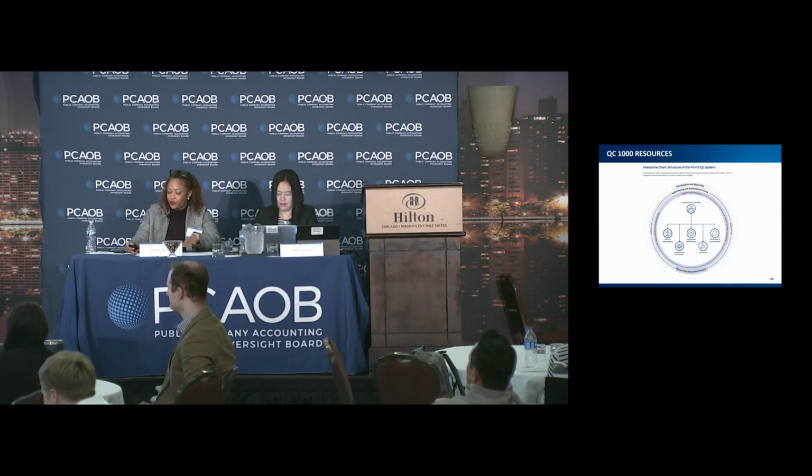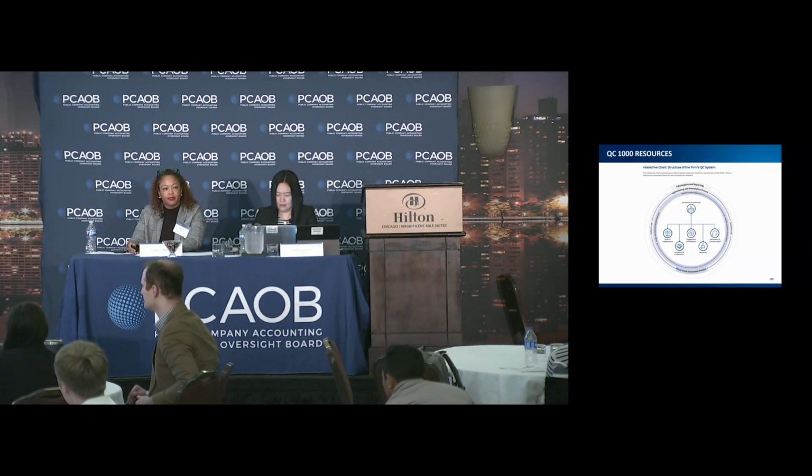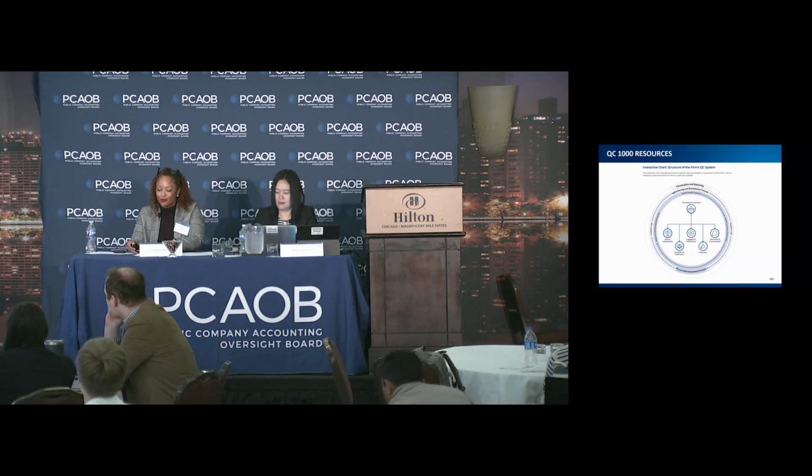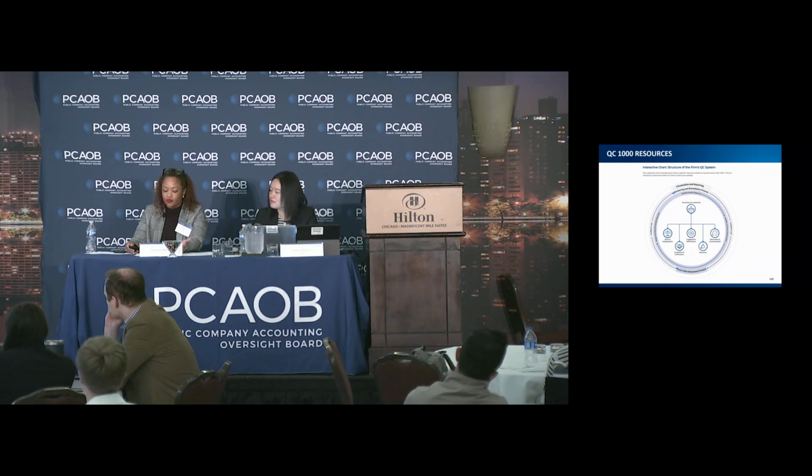Now, I want to highlight a few resources that are available on our implementation website. I want to make a quick plug for our quality control implementation page. This page provides an overview of the standard, information about how to contact the PCAOB with questions, and a number of resources and tools for implementation.